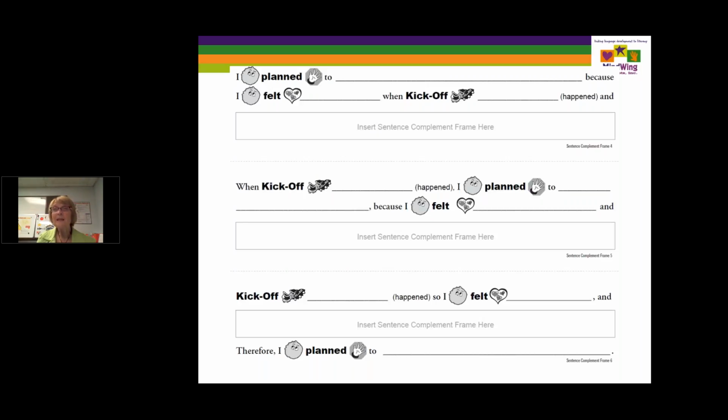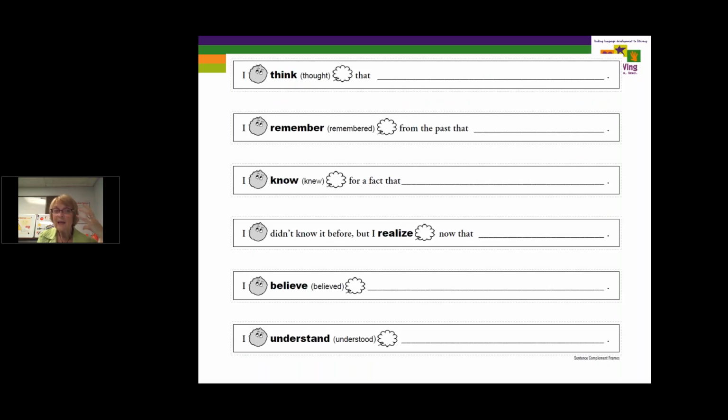There are so many times we need to do sentence combining in school. Sentence combining with other than and is a huge thing. And the ability to express a mental state is huge for argument, for persuasion, for social studies.